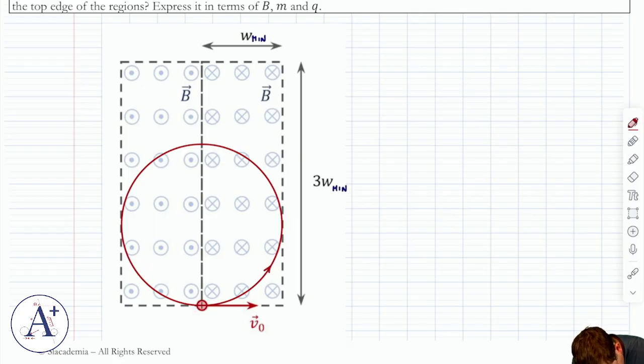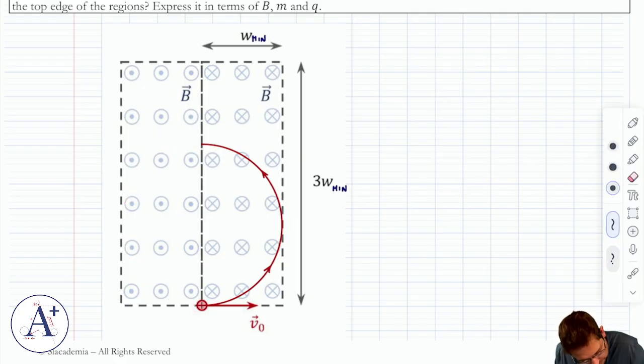So like this. Okay? And then I'll get rid of this part of the circle because it's kind of irrelevant.